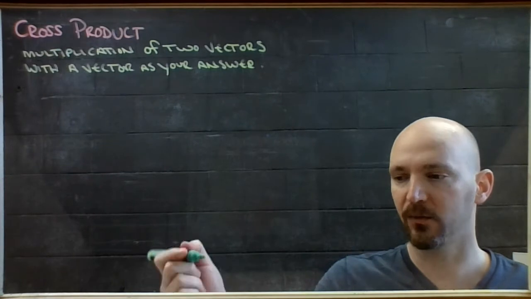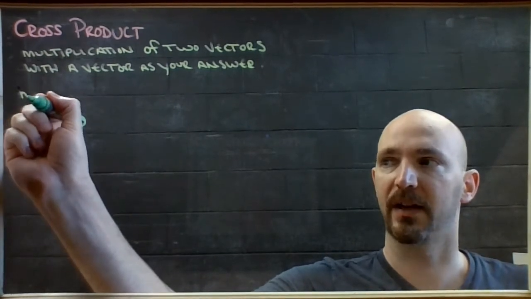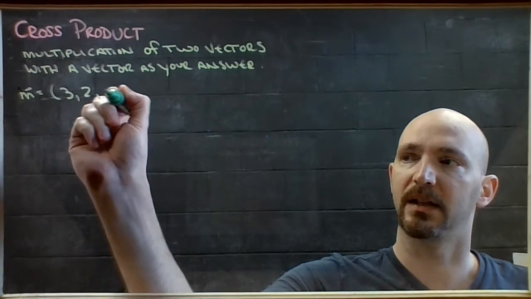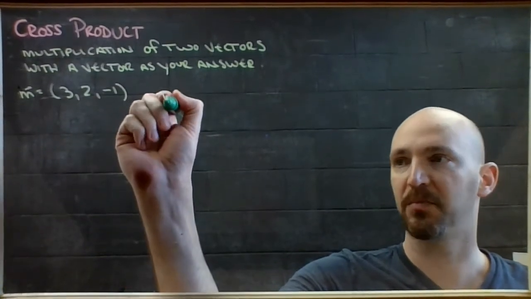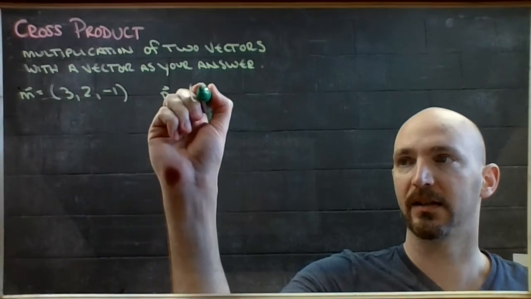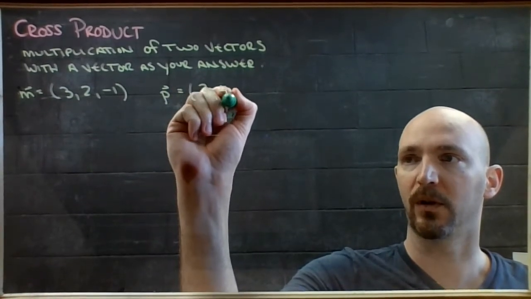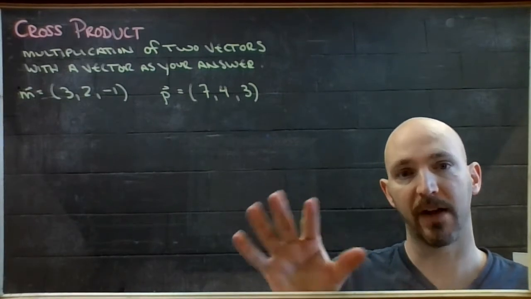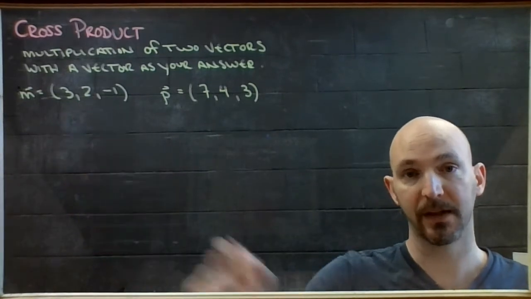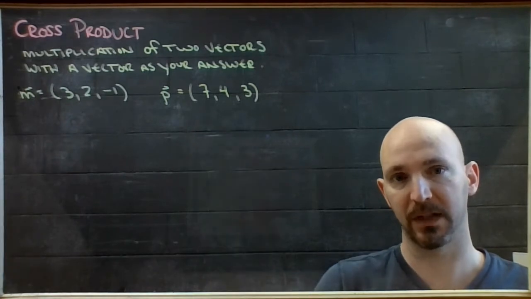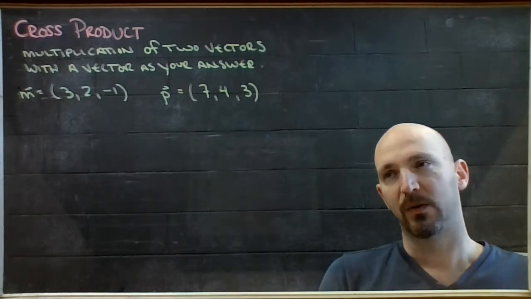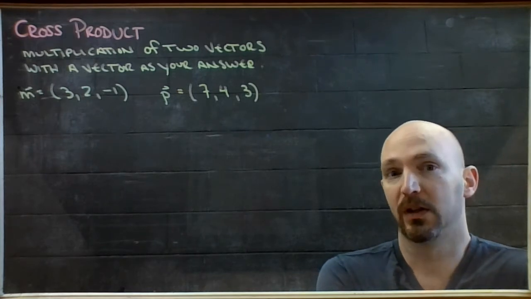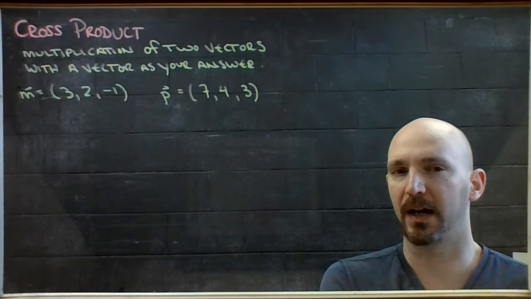So if I were to try and cross this vector, m is 3, 2, -1, and p is 7, 4, 3, when I'm done, I will have a vector that is perpendicular to m and perpendicular to p. So how do you accomplish this? Well, there's a great big formula you can look up, or you can do it by patterning.